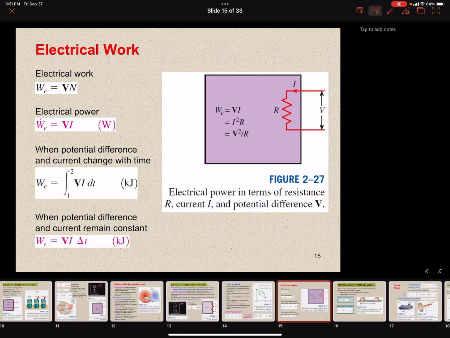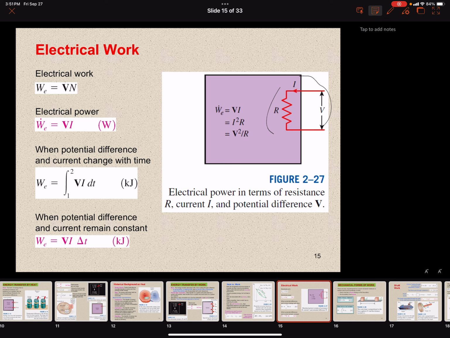This slide talks about electrical work. Work is one form of energy transfer, and one type of work is electrical work, which occurs when an electrical charge moves through a potential difference.